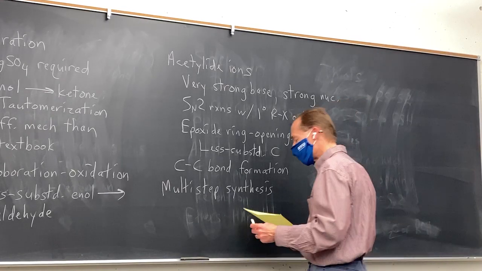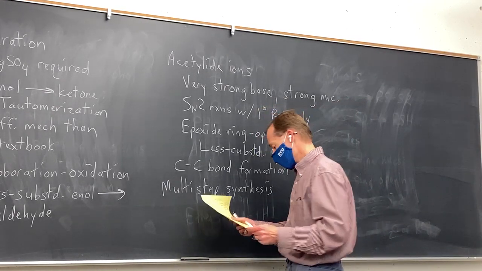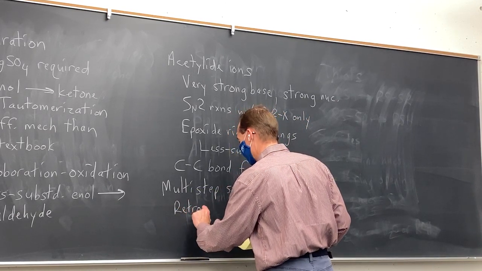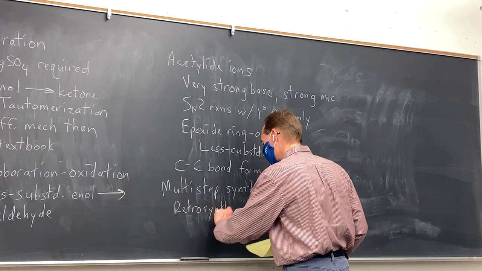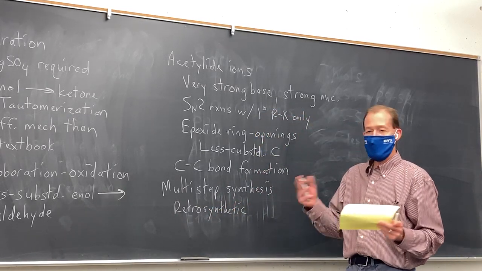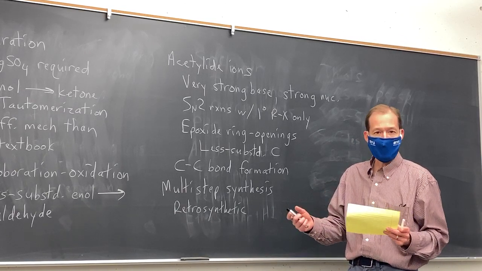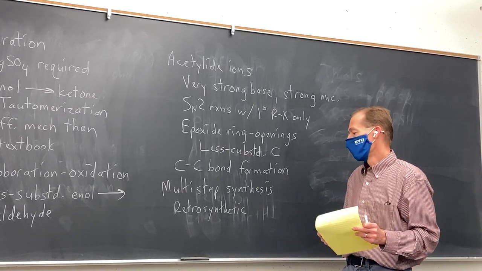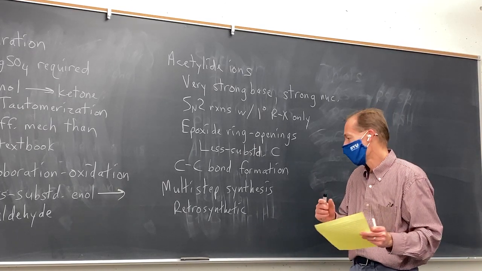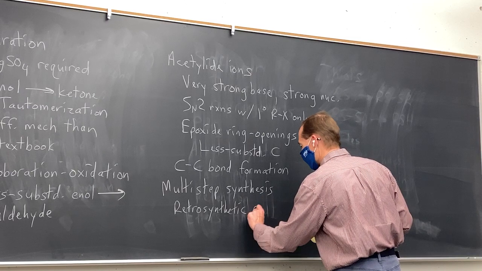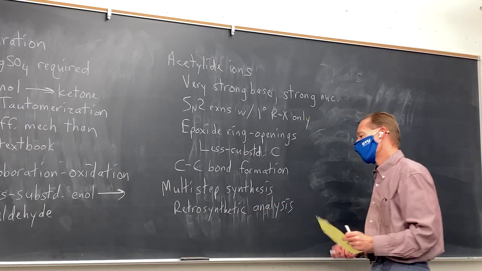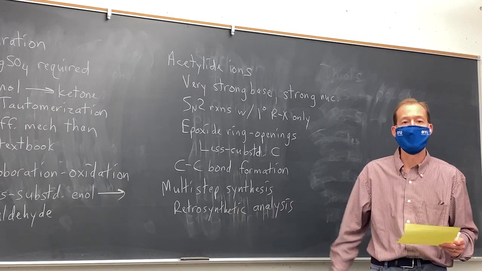And as we'll learn, to plan a multi-step synthesis, it's almost always easier to work backwards, to look at the target compound and ask ourselves, what precursor could make this target compound in one step? And then you take that precursor. How can I make this compound in one step? And you work backwards to the starting materials that you are allowed to use in the reaction. And that process is called retrosynthetic analysis.